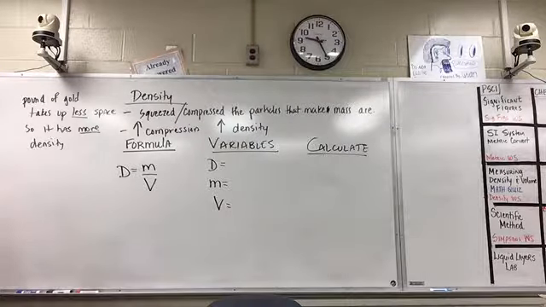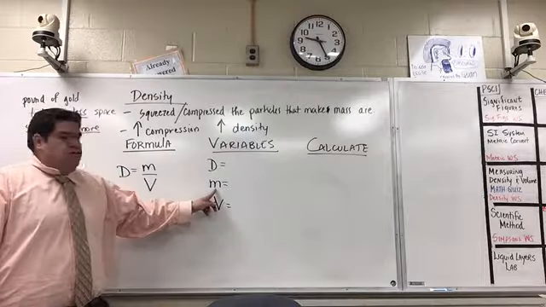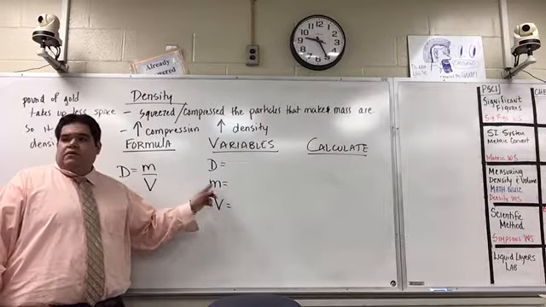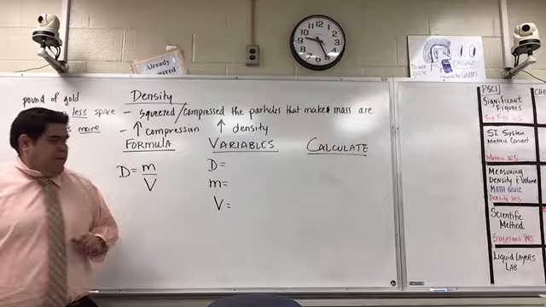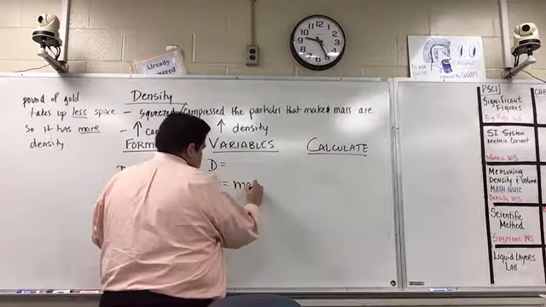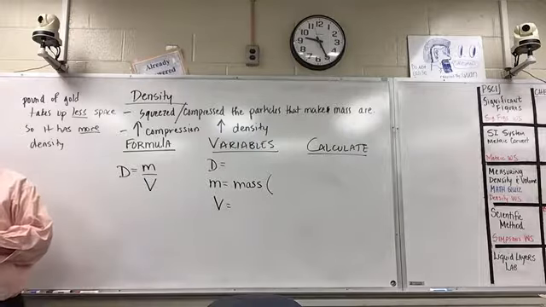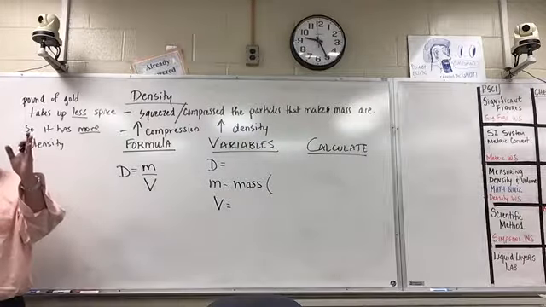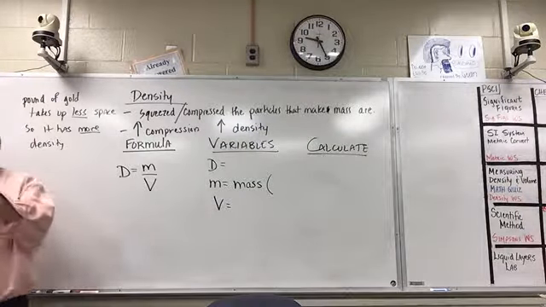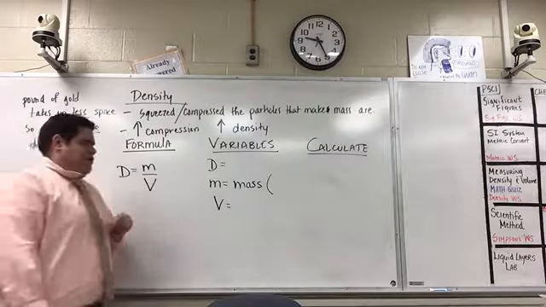Here's the first thing. That right there, we already know. M stands for what? Mass. What do we measure mass in? Grams. It's on your notes. That's why I'm saying you might want to read some notes.